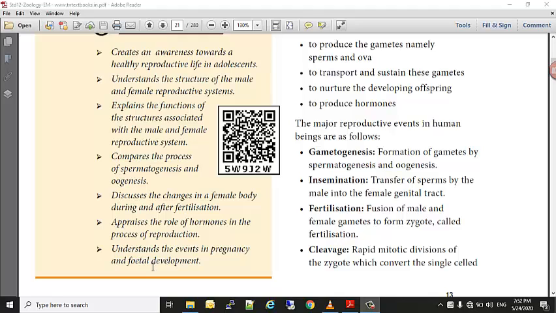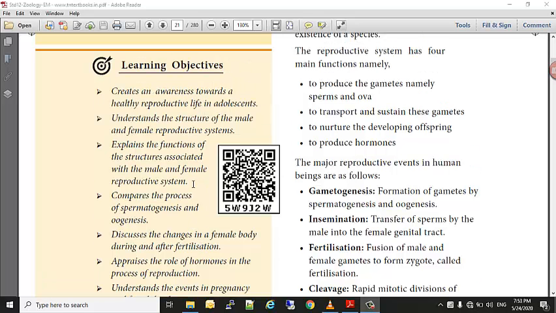You will see how the fetus develops from a zygote to a child. You will explore all these things in this lesson. I hope this lesson will be a great knowledge for you to understand and create awareness of a healthy reproductive life. So these are the objectives that we are planning to achieve after finishing the lesson.